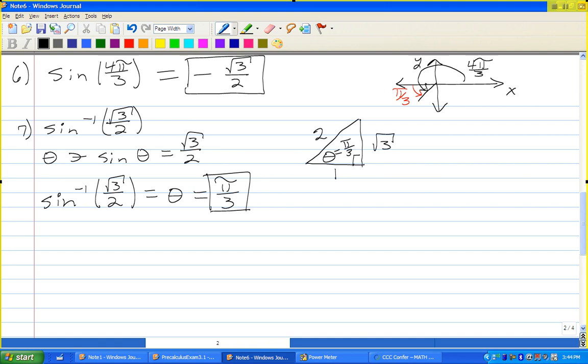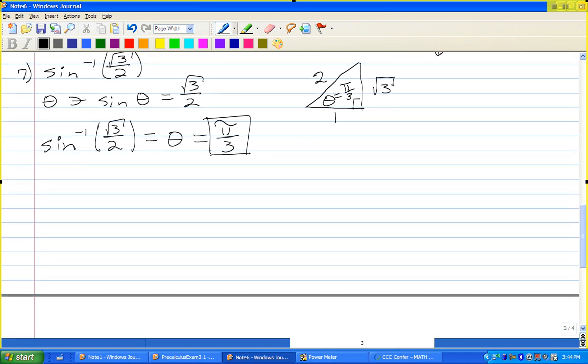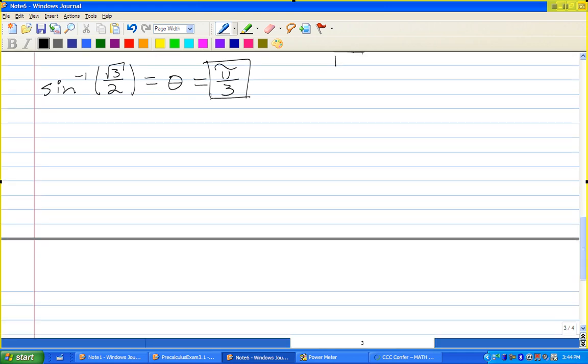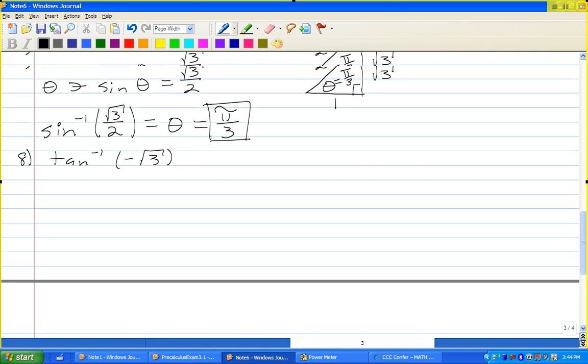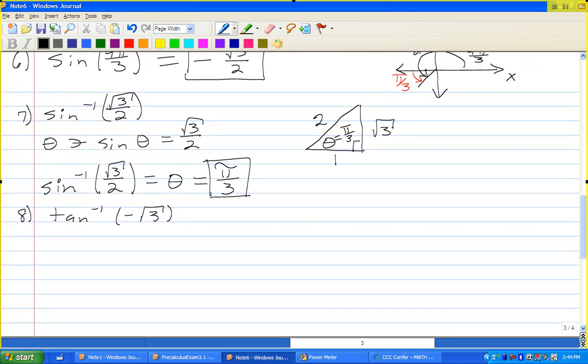8. Tangent inverse of negative root 3. Well, actually I can use this triangle here.